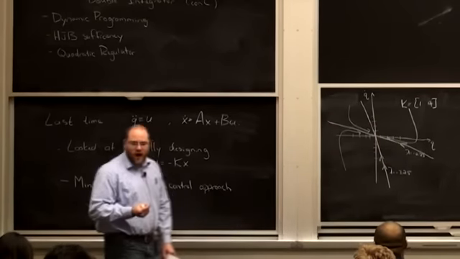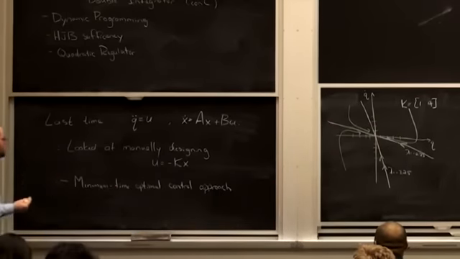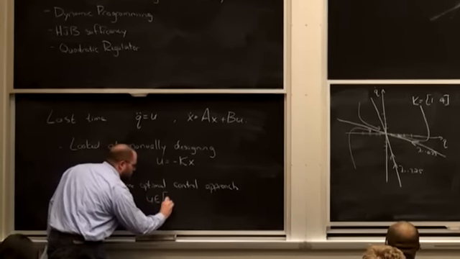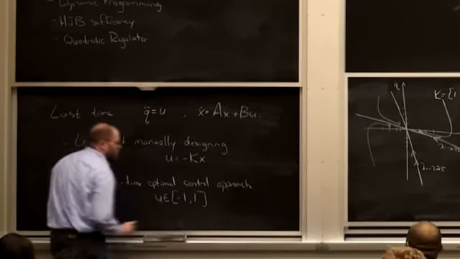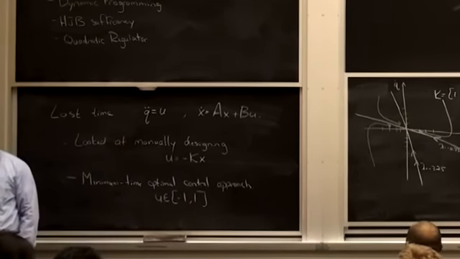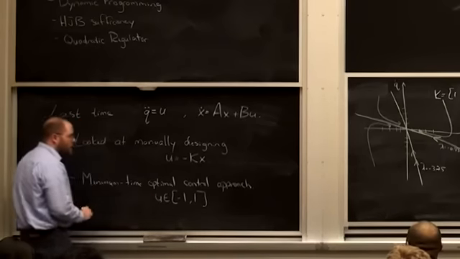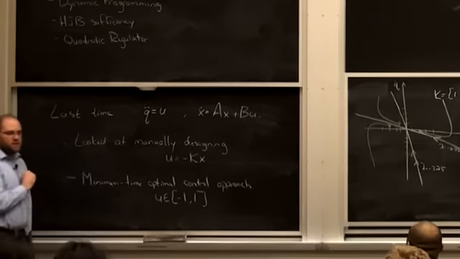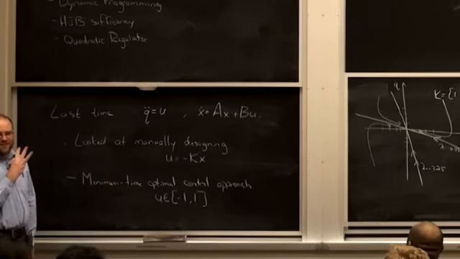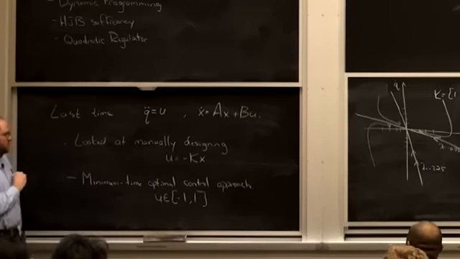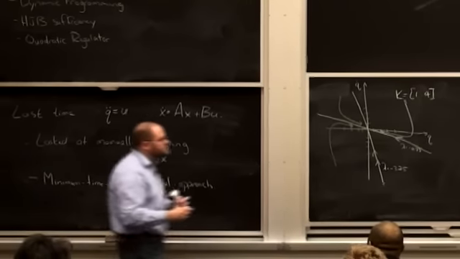But actually, for trying to do something a little bit smarter, which is get there in minimum time when I have an extra constraint that u was bounded, in the case we looked at yesterday, was bounded by negative 1, 1. Okay? And in that case, when u was bounded, now the minimum time problem becomes non-trivial. It's not just crank the gains to infinity. And we had to use some better thinking about it.